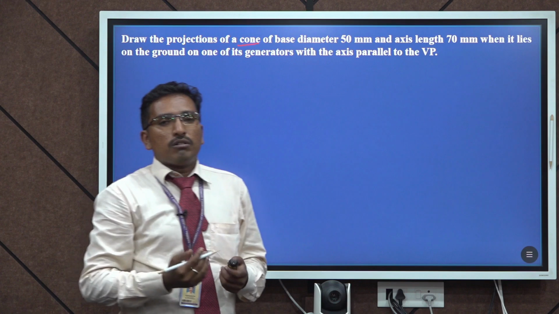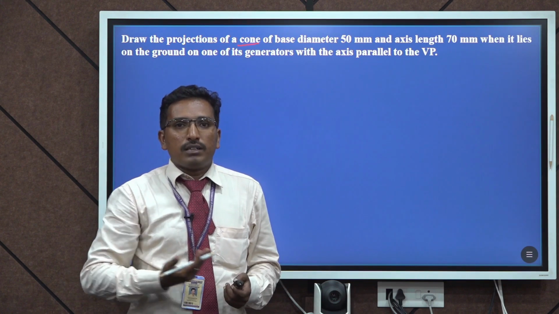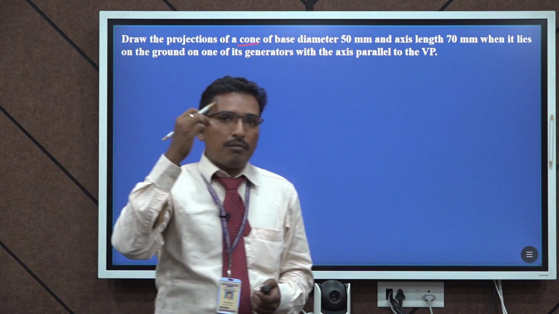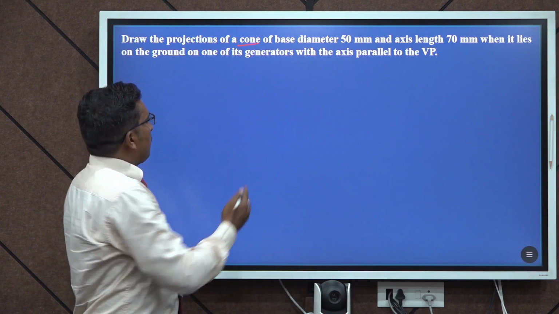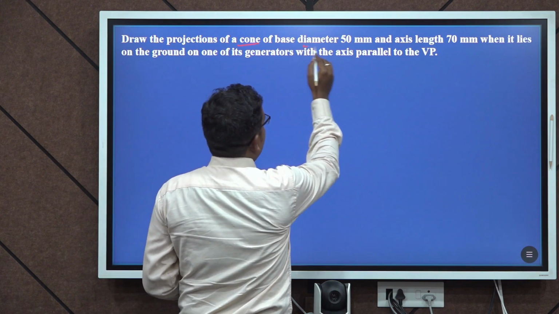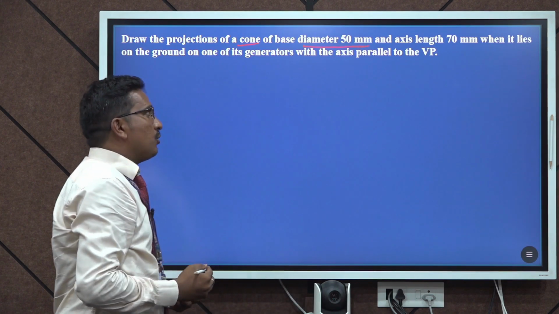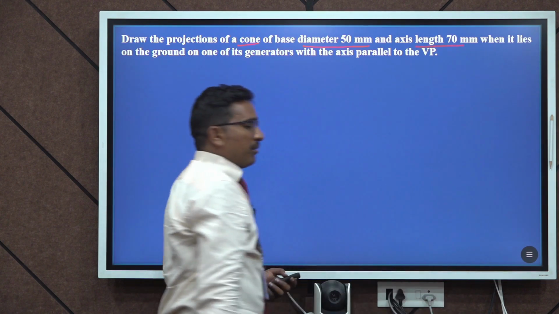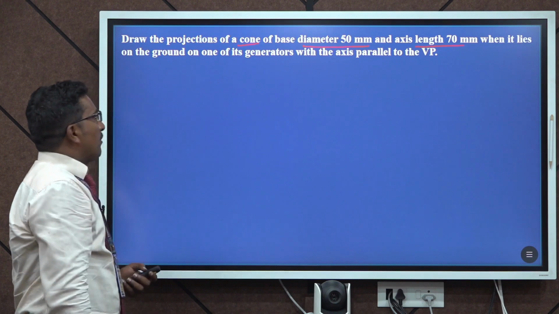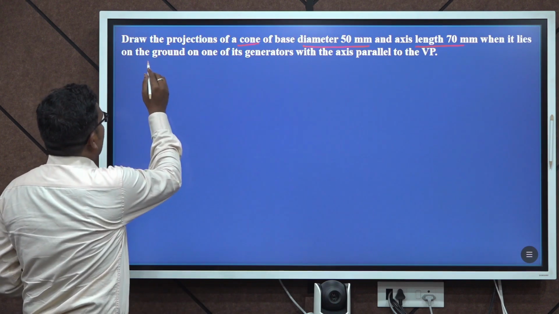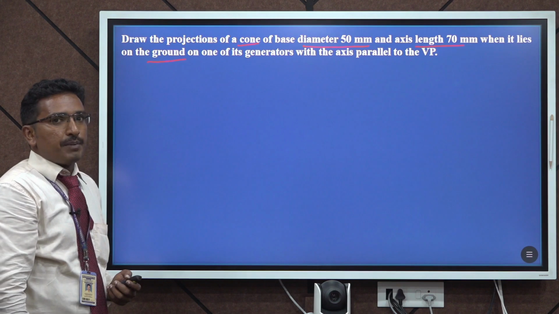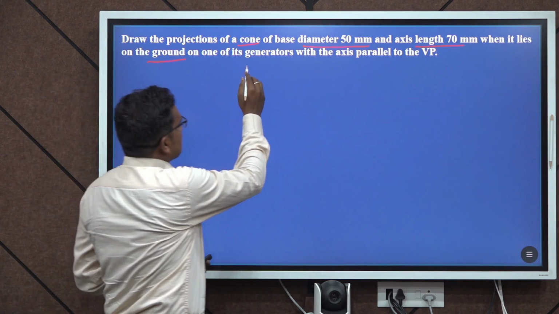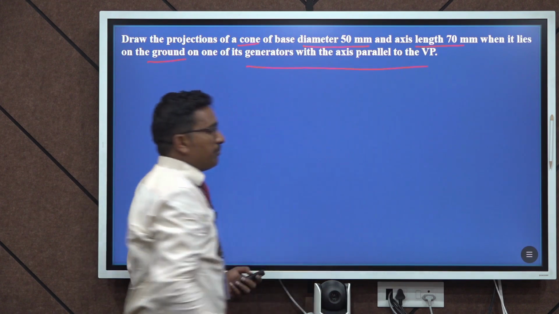In a cone, we know that the base of the cone is a circle and the top of the shape is the apex. The given diameter is 50 mm and the altitude, which means the length of the cone, is 70 mm. One thing they have given is that it lies on the ground, which means it lies on the HP, horizontal plane. Another thing they have given is that it lies on a generator with the axis parallel to the VP.